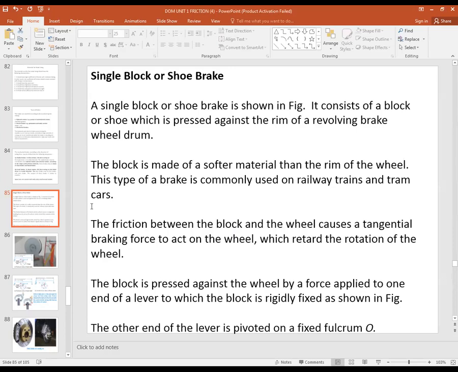I hope you are understanding how the single block or shoe brake works. Now I'll take you through the pneumatic diagram of the single block or shoe brake. But before that, let us have an introduction about the single block or shoe brake.